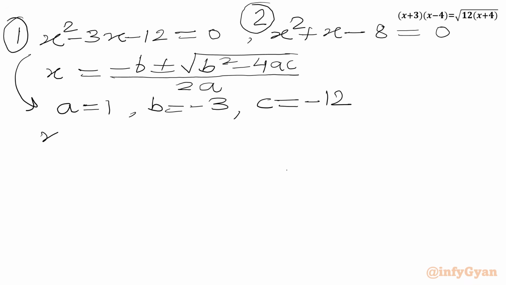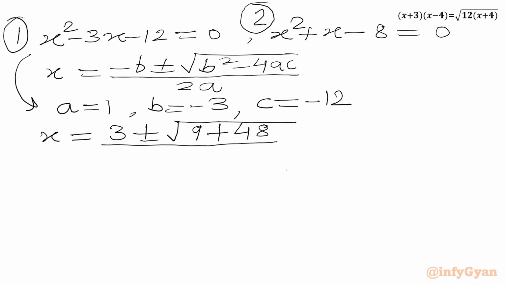We are going to get the x value minus b, so we'll write plus 3 plus minus square root of minus 3 square is 9 minus 4 times 1 times minus 12 plus 48, over 2 times 1. So we can write 2. So from here we will be getting 3 plus minus square root of 57 over 2.